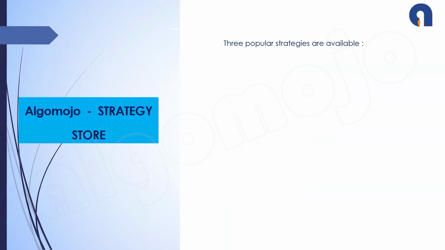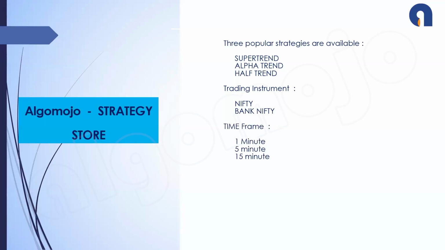Now, in case you'd like to use ready-made signals, some popular strategies are listed on our website. You can have a look at them and try to use them. The popular strategies are Supertrend, Alpha Trend, and Half Trend. We have enabled the signals for Nifty and Bank Nifty to run in 1 minute, 5 minute, and 15 minute time frames.